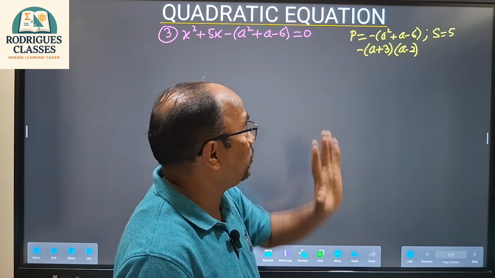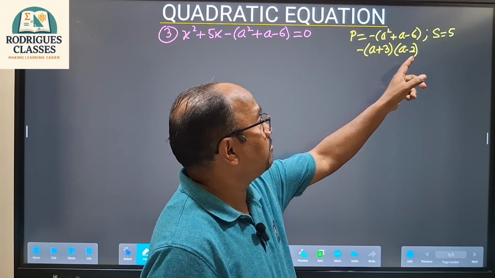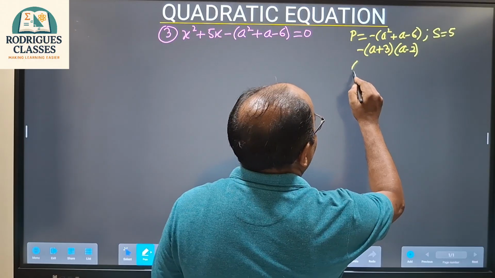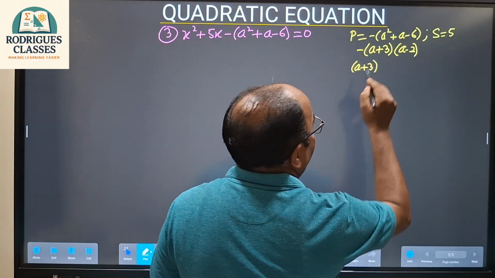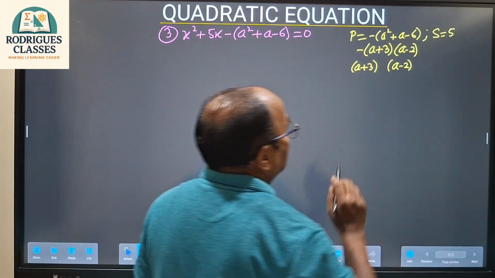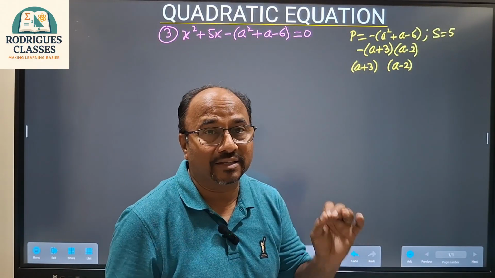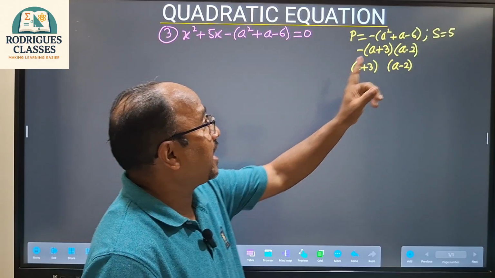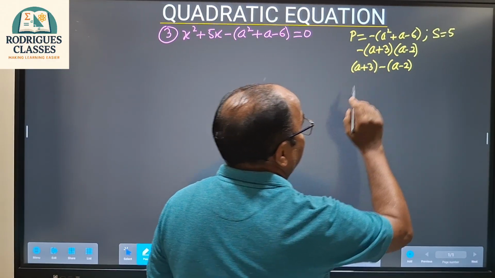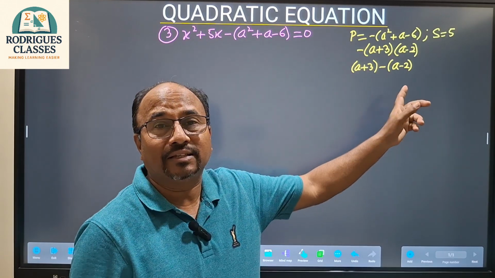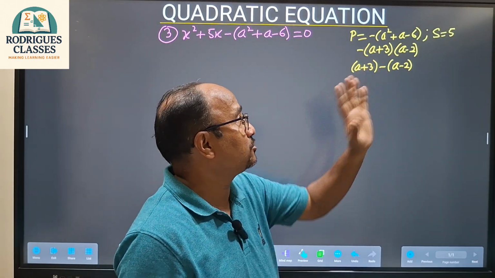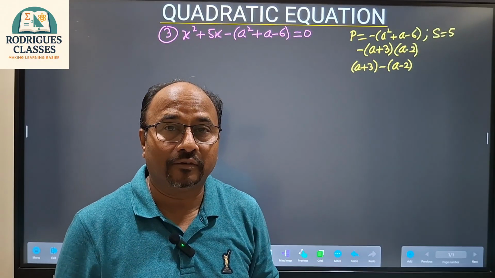Now we have to place it in such a way that on adding them, I should get a 5 there. So what I am doing here, first writing a plus 3, okay, and then writing a minus 2. So I have to make use of the minus sign in such a way that I should get a 5. So if I put a minus in between, this will be minus a and plus 2. As a result, a will get cancelled and 3 plus 2 will give you 5. Okay.